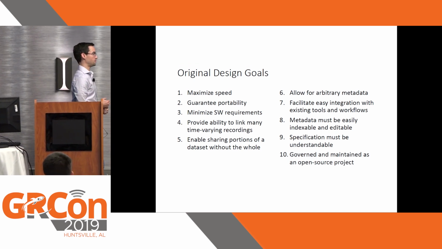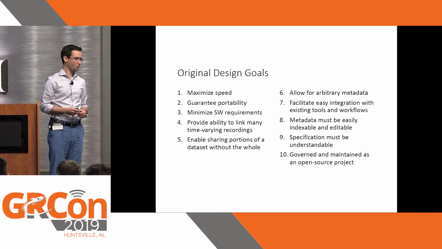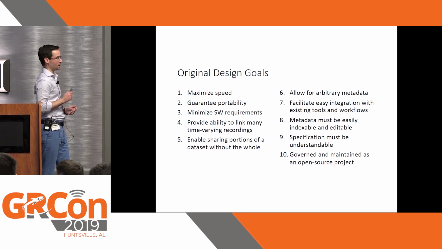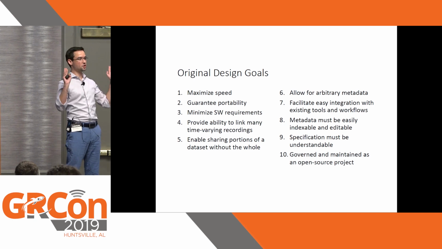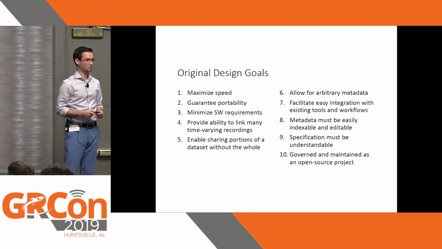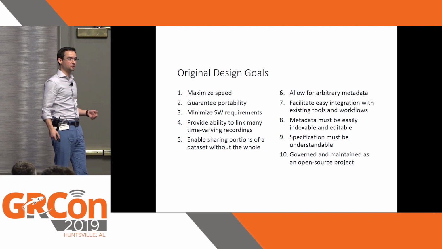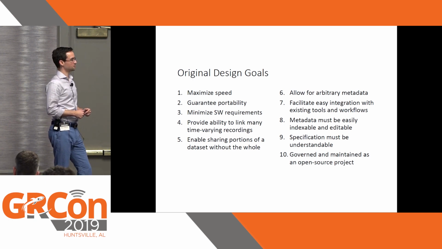The specification must be understandable. I'm not going to call out any other specifications by name. I would argue that this is something that RF specifications are generally pretty terrible at. They are huge PDF documents, usually hundreds of pages long, that make very little sense to anyone else that tries to read them.